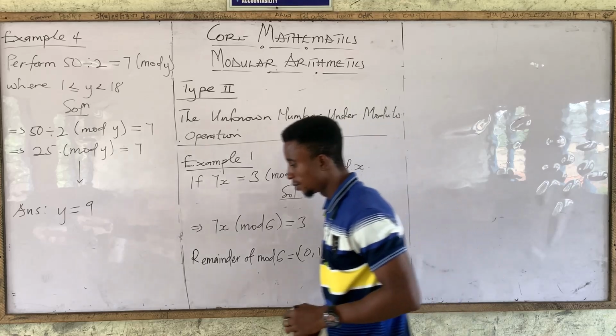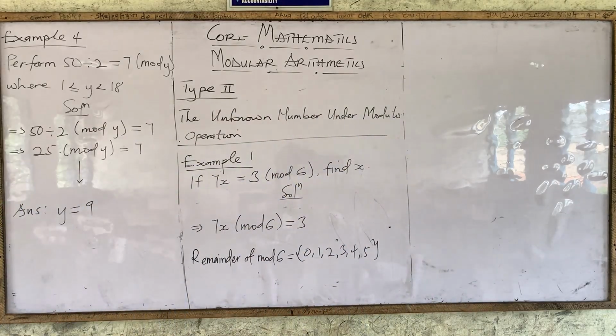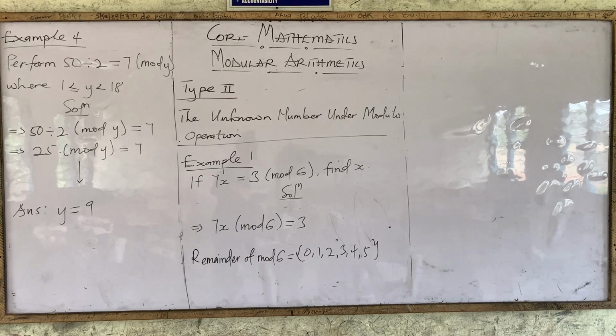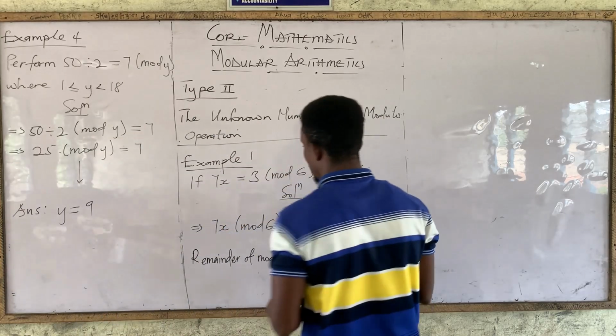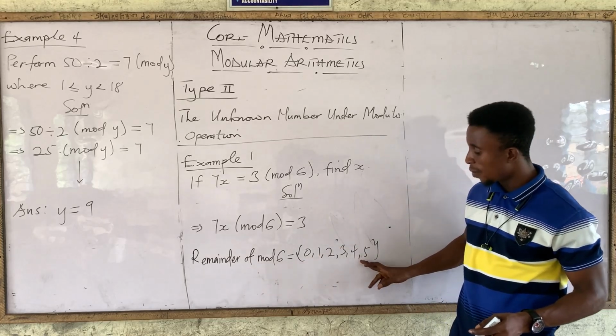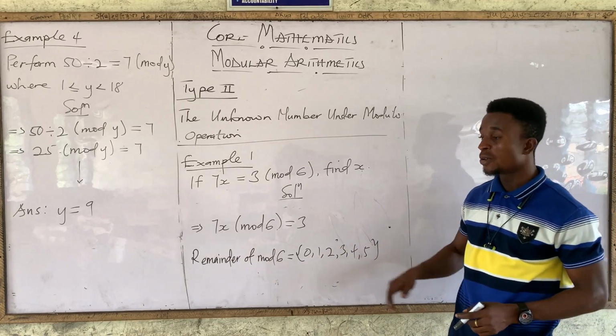That is that. So we have 0, 1, 2, 3, 4, up to 5. These are the possible remainders.